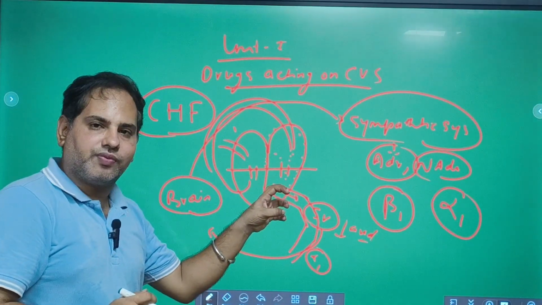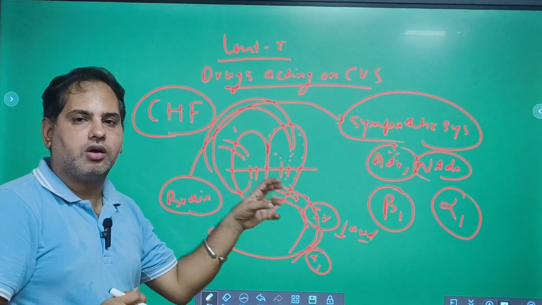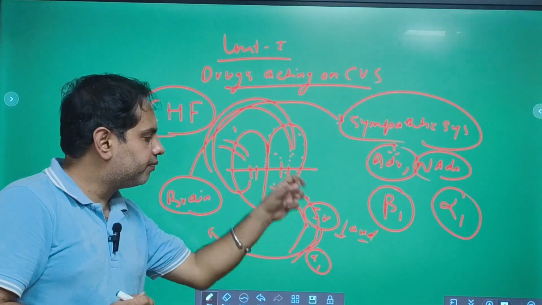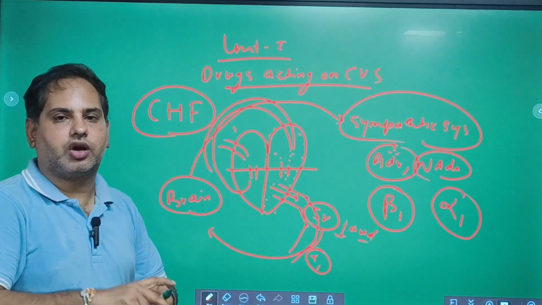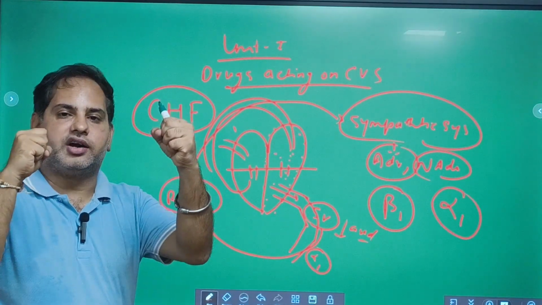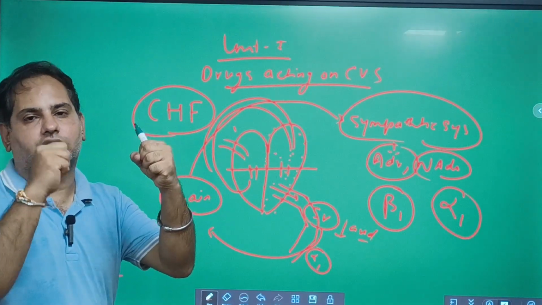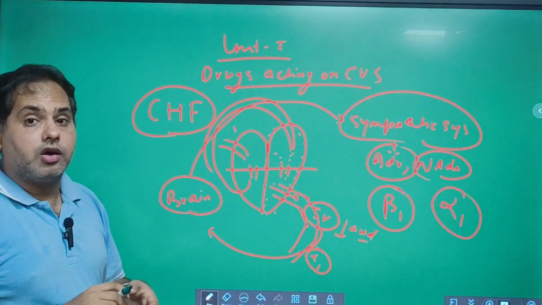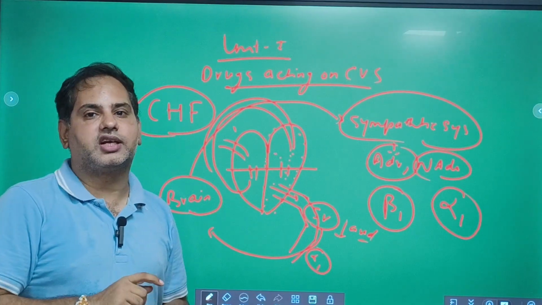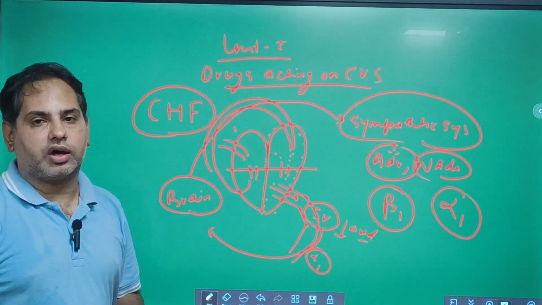This is already CHF, a heart which is not working properly, so it will get into trouble because your afterload will increase. Your heart is trying to pump, but there is already constriction in the arteries, so it will increase the pressure on the heart. That is the harmful effect of the compensatory mechanism in the long run.